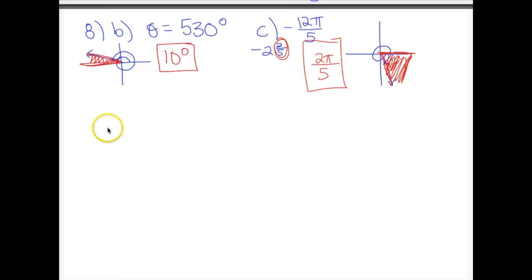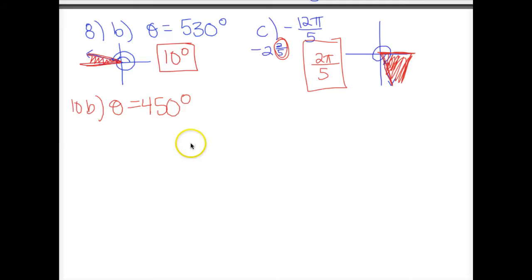I'm going to do one that is quadrantal, and then one that is not, which has one of our standard reference angles. So the first one I'm going to do is number 10B. It tells you that theta is 450 degrees, and it wants you to find the sine and cosine.